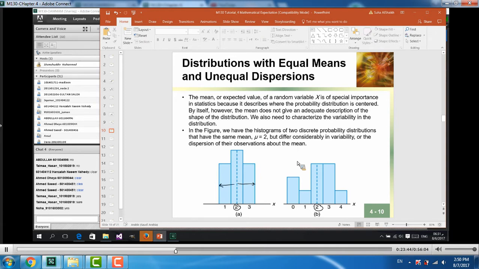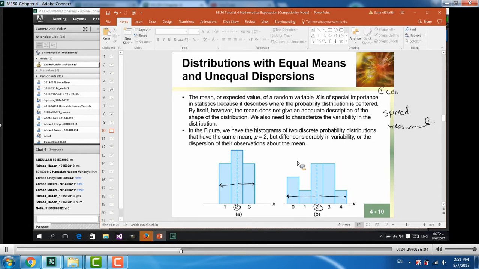This one goes to the right and to the left by this amount from the center, and this one goes to the right and the left by this amount from the center. Now the variability or the spread measurement shows me how far I go to the right and to the left from the center of the data, which is again an important factor to describe the data that I have, because as you can see here, both of them have the same center, but the difference in the spread of the data makes them look different.